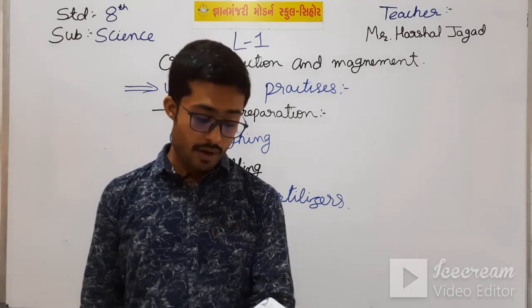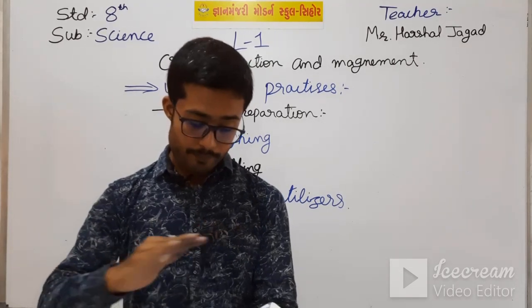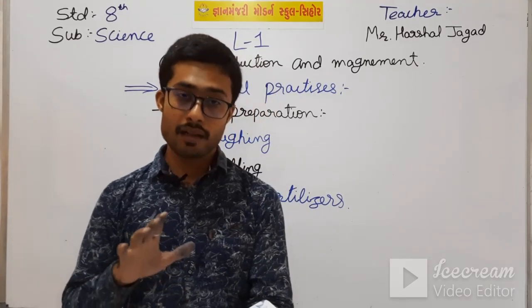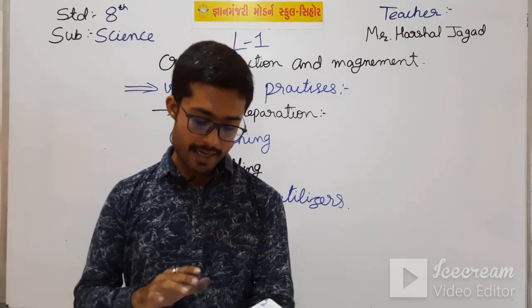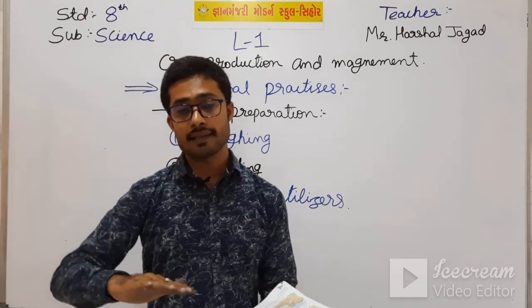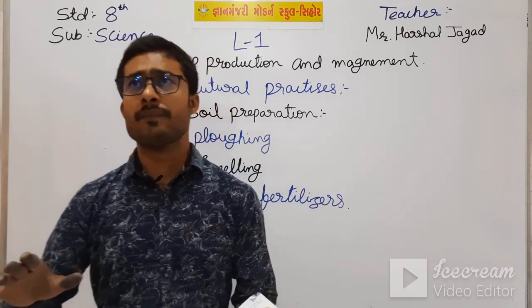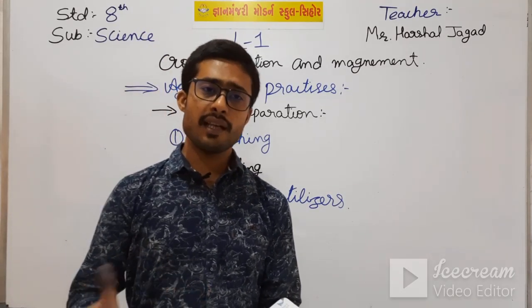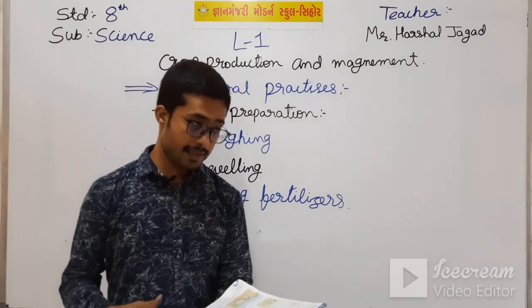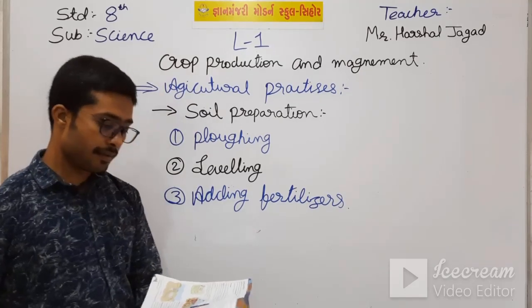Farmers use wooden or iron planks called levelers to crush big lumps of soil, and this process is called leveling. Means the lumps of soil in it are crushed for the leveling of the soil. Now adding fertilizers, it is our third point.